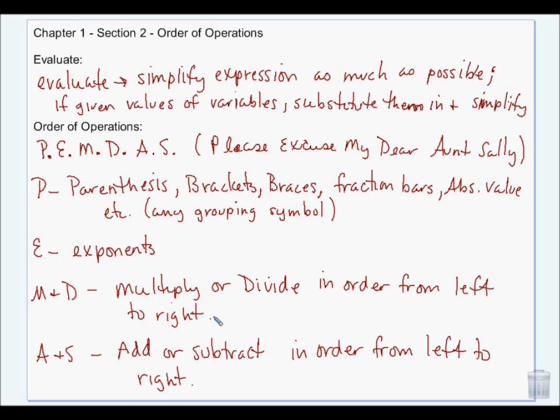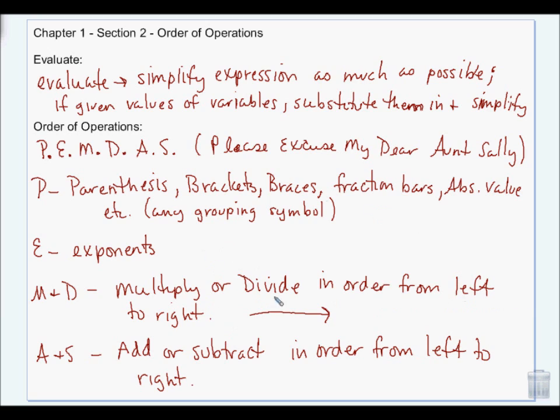Then you have multiplication and division. Now, you don't have to do all of the multiplication first and then go through and do all of the division, and that would actually give you the wrong answer. What you do is, as you move from left to right, the same way you read a paper, you do them in whatever order they come in.